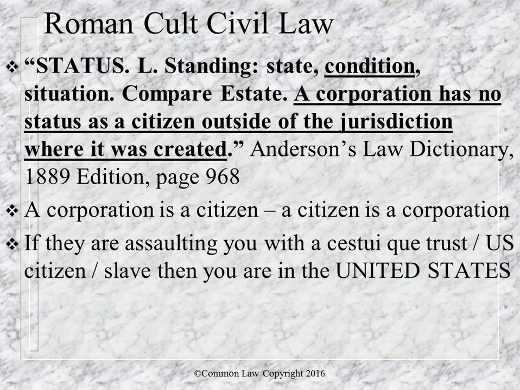And if they're assaulting you as a Sestake trust, a U.S. citizen slave, then you're in the United States, okay? You're not in Texas, you're not in Arizona, you're not in New Mexico, you're not in New York, you're in the United States. You're in that 10 square miles District of Columbia.